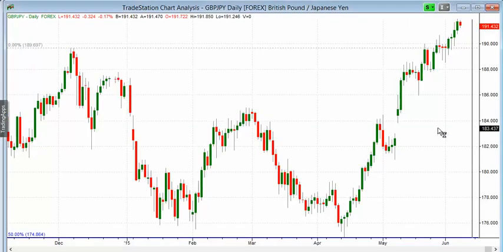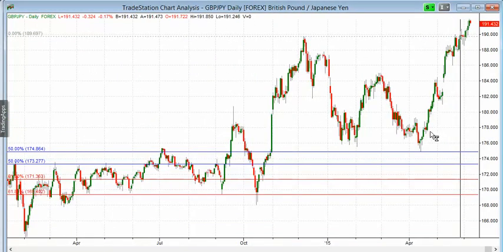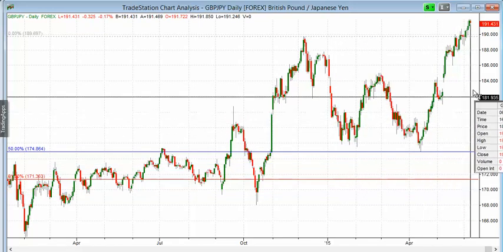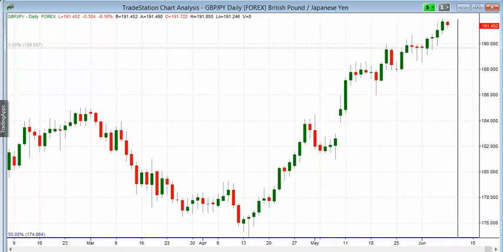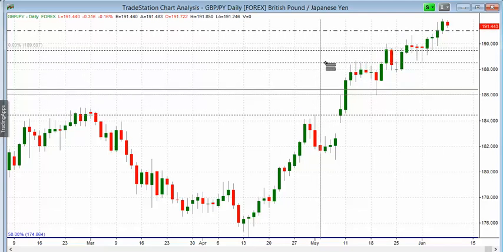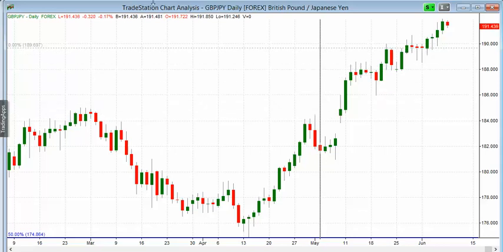Pound versus the Japanese yen, this market has been continuing higher here, confirming that higher measure move, which we could only identify after the fact, and since then this market has been moving in extension very aggressively, showing a strength of the pound versus the Japanese yen.